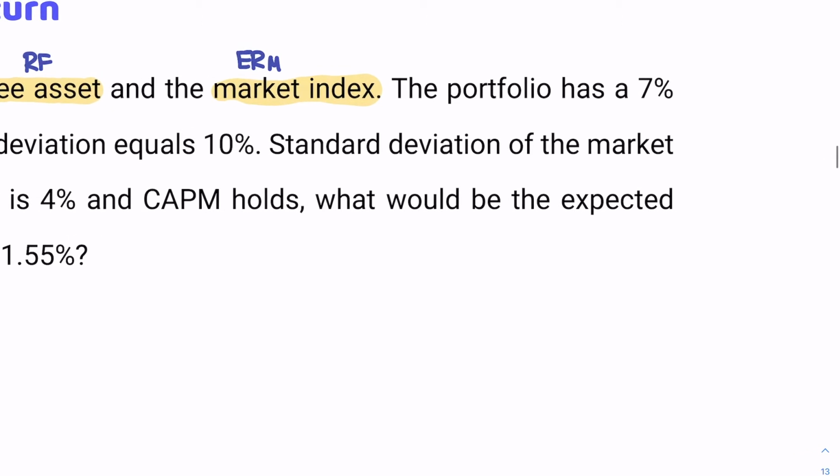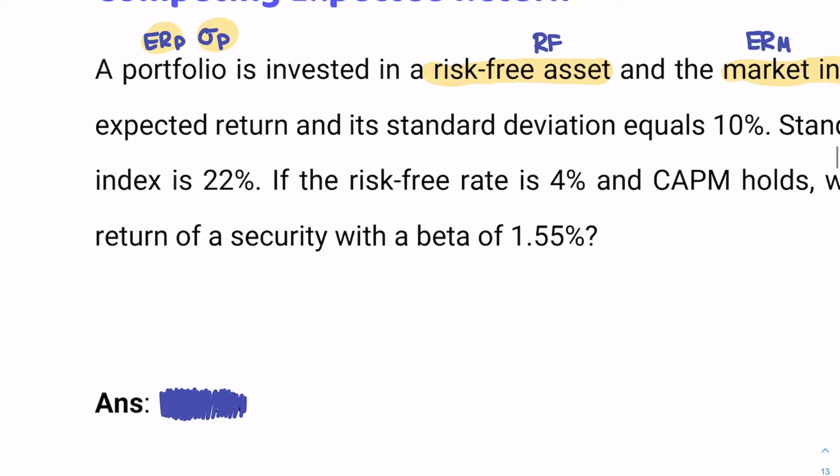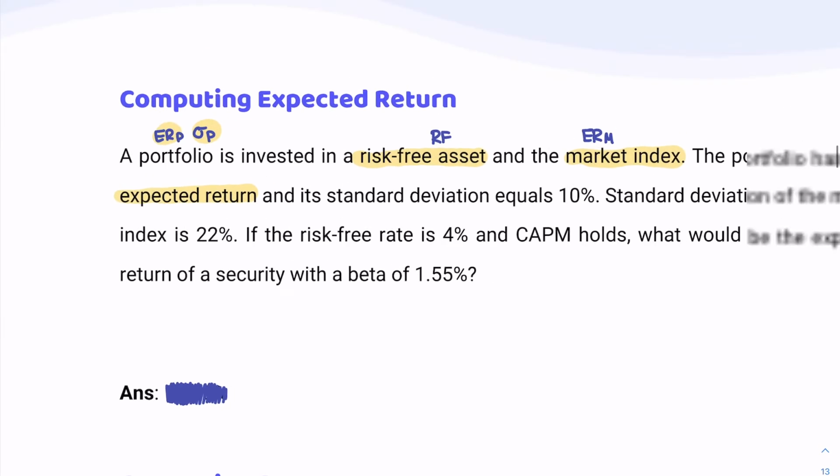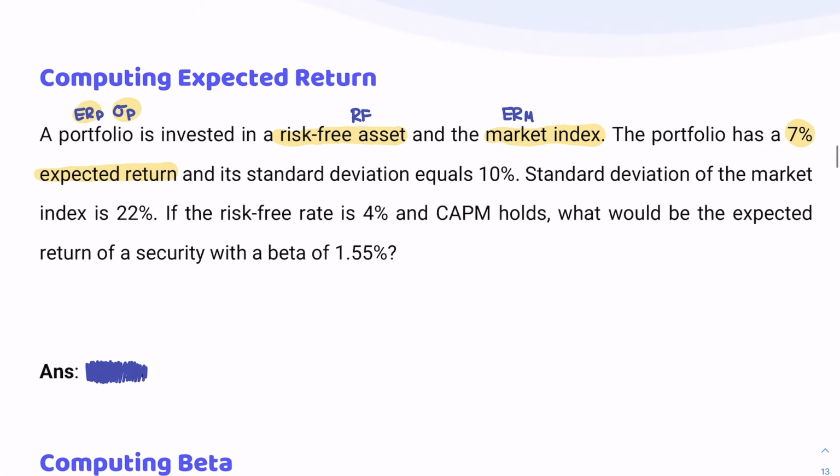The portfolio has a 7% expected return. And I'm going to zoom out just a little bit for you guys so it's easy to read. So we know that ERP is equal to 7%. And it has a risk, a standard deviation of 10%.